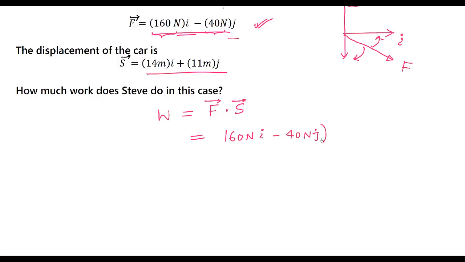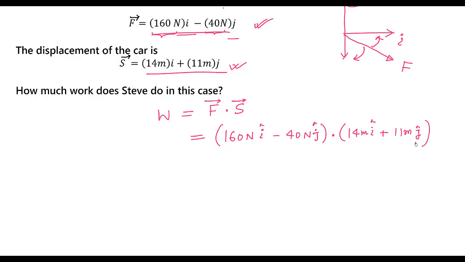So this is my force, and then I have to take the dot product. Displacement, I know, is 14 meter i cap, that is a unit vector in the x direction, plus 11 meter j cap, unit vector in the y direction.